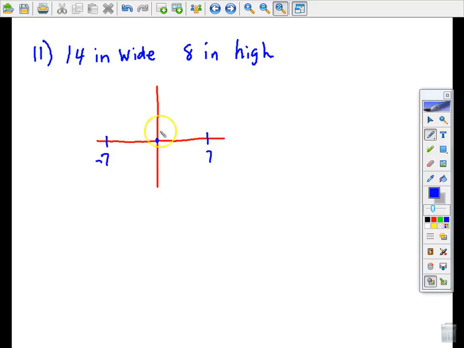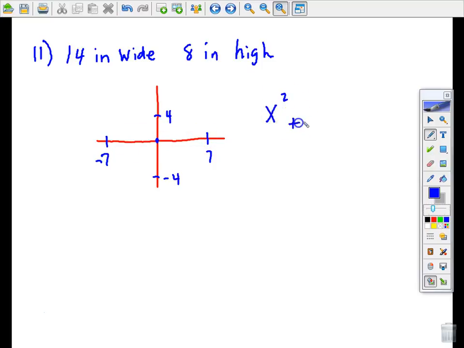If it's a total of 8 inches high, going this way, that means that 4 inches will be on either side of the origin on the y-axis. So, which axis is major? Well, it's pretty obvious that the x-axis is major.